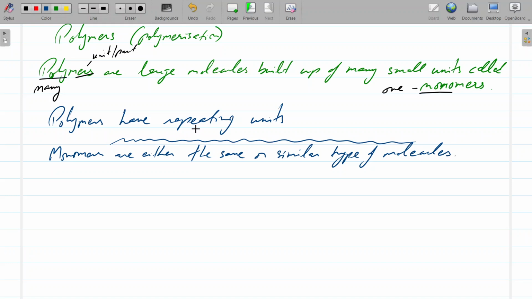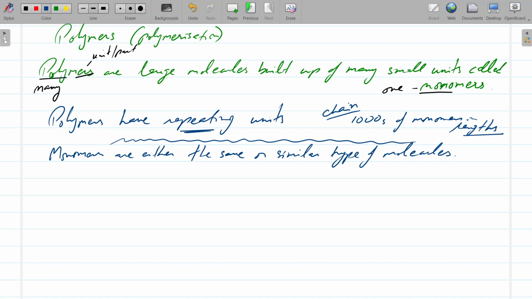That's why I'm saying repeating, because if you have the same thing again and again, it's a repeat, or they're similar at least. They have some similarity. There's some difference as well, but some similarity. So you have that kind of molecule joined one to the next, to the next, and you can end up with a chain that is thousands of monomers in length, or maybe more, like tens of thousands or hundreds of thousands, depending.